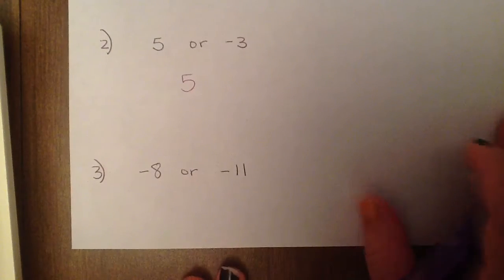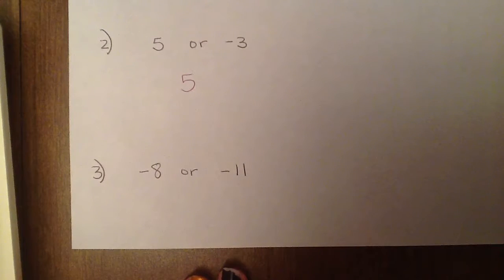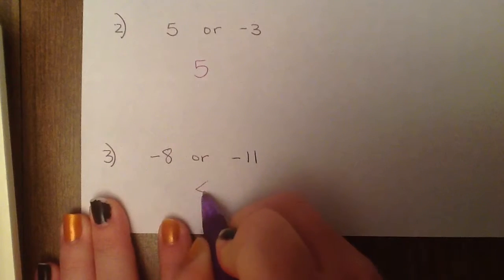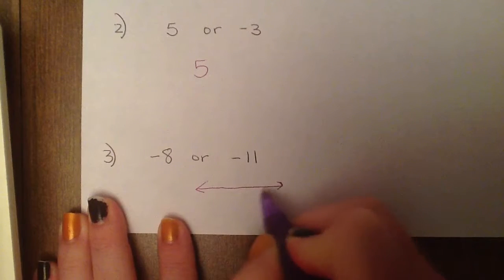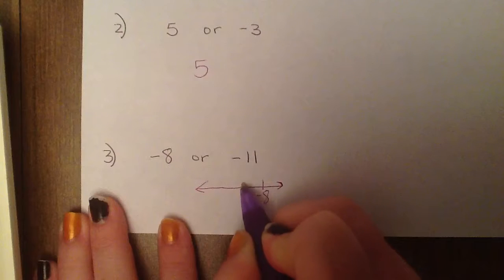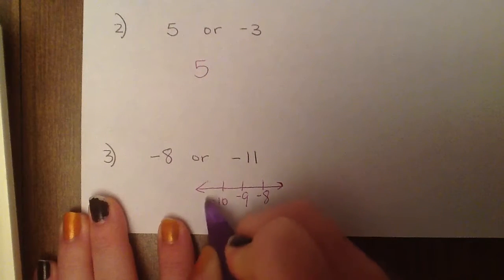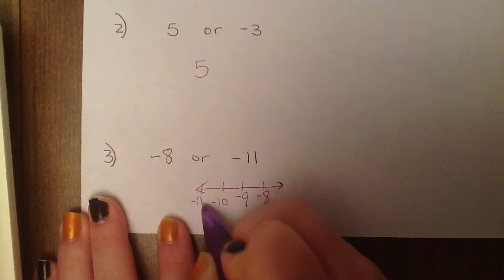Try this one on your own. Which one is larger, -8 or -11? If you need to, use that number line to help you. If you needed to use a number line, as we went to the left, we get -8, -9, -10, -11.